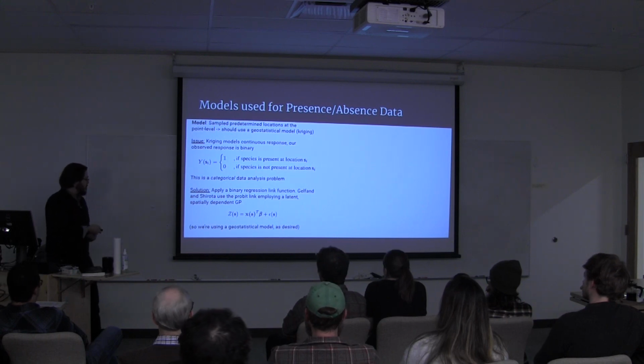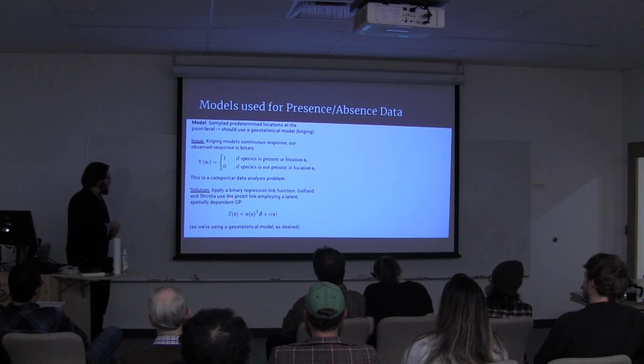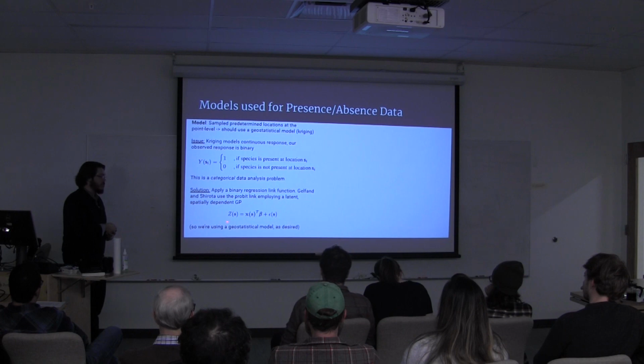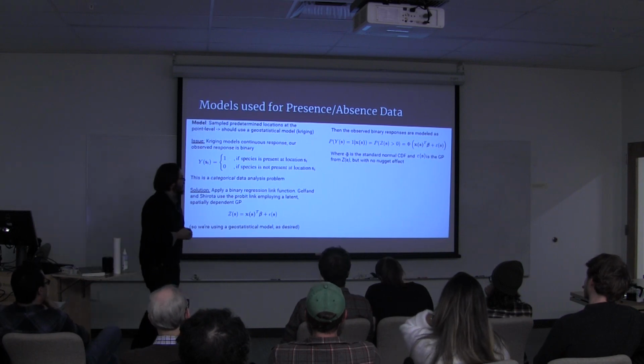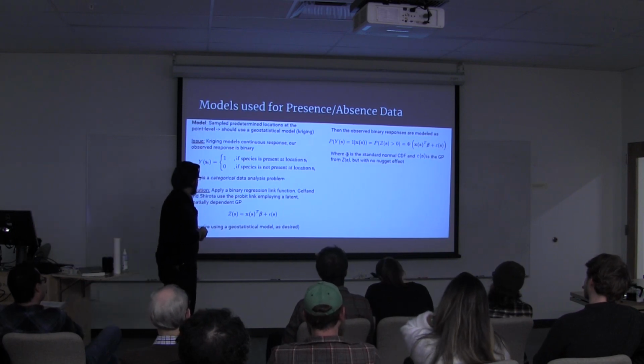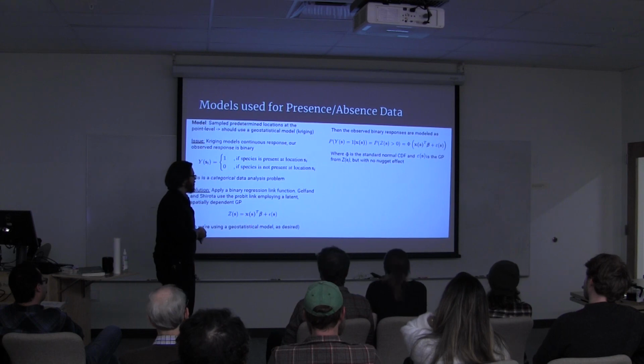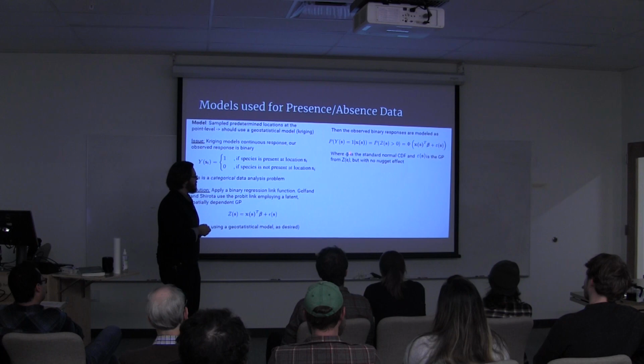And so what we do is we're actually modeling it as a latent Gaussian process. So think of this Z as a surface that is unconstrained. It can move anywhere up and down in the reals. This is the geostatistical model that we desire, but the way that we link it with the data Y is through this chain of equalities. Basically, you're taking this expression and plugging it into the CDF of a standard normal distribution.